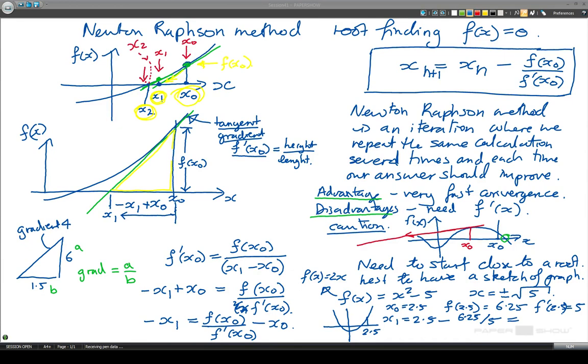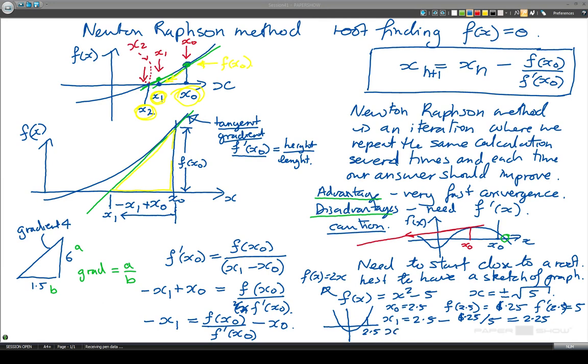Then that's given me the wrong answer. f of x is 1.25. It's 2.5 squared is 6.25, and then we take away 5, so we get 1.25. And the answer we get out is 2.25 for x1.